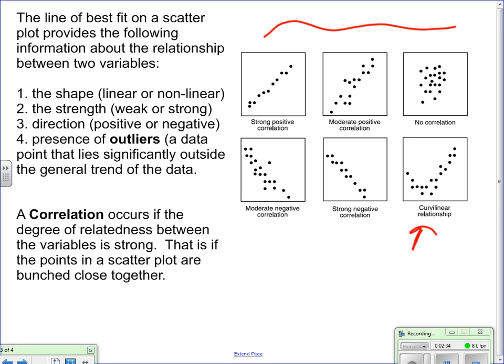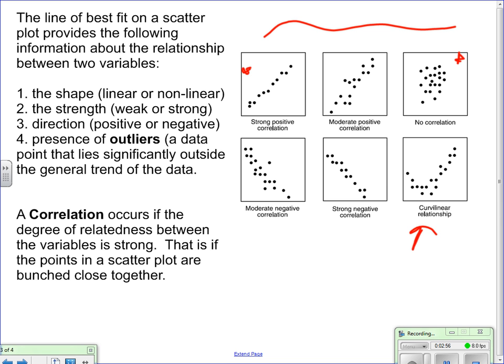Points that are very close together, like this one here, are very strong, meaning that the relationship between them is strong. Points that are very far apart are not as strong, meaning that the relationship between them is very weak or is not known. Also, we can tell direction.